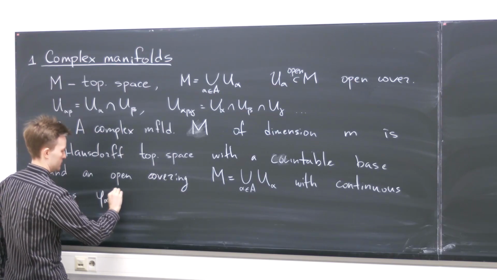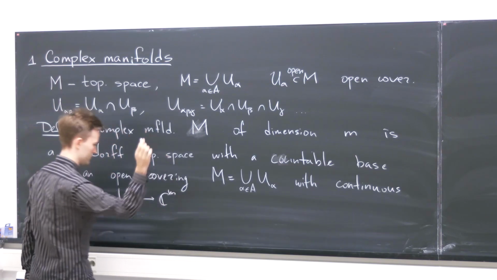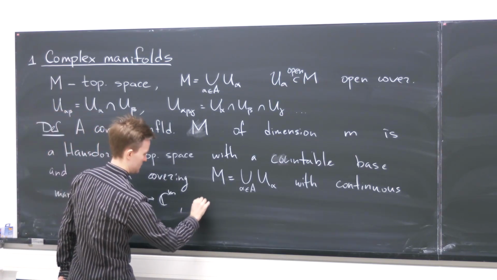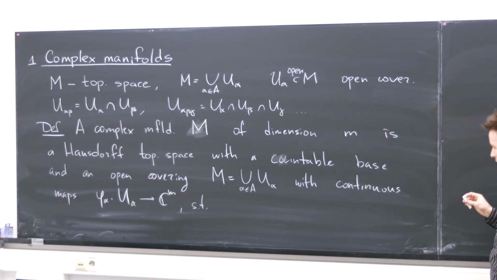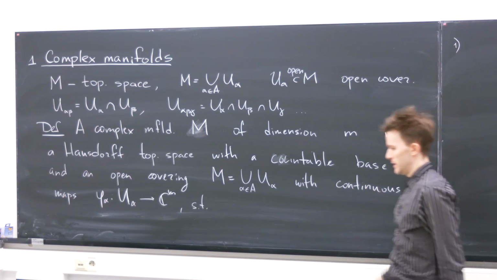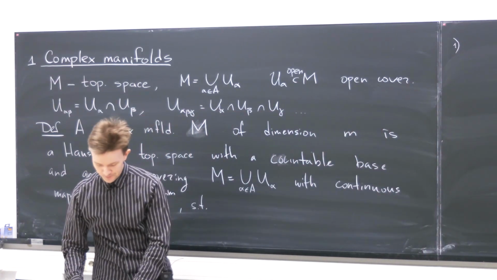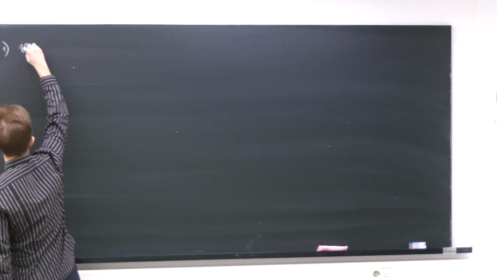phi alpha from each of those open subsets into C^m, such that they satisfy the ordinary conditions. First of all, phi alpha is a homeomorphism onto some open subset in C^m.